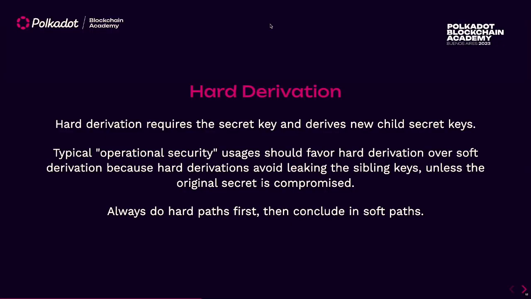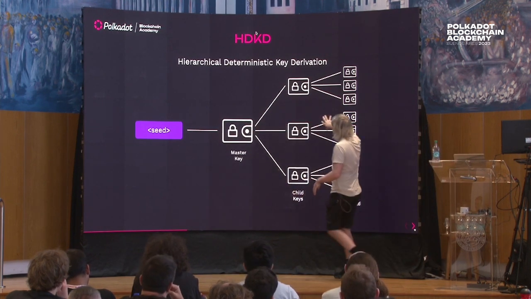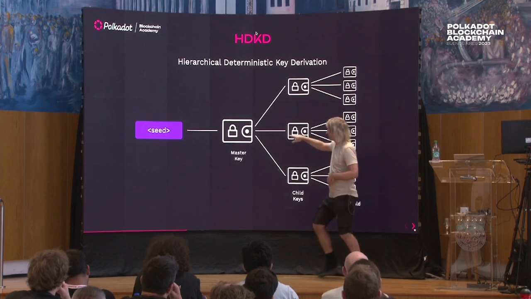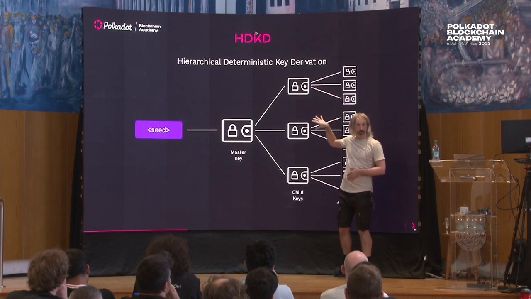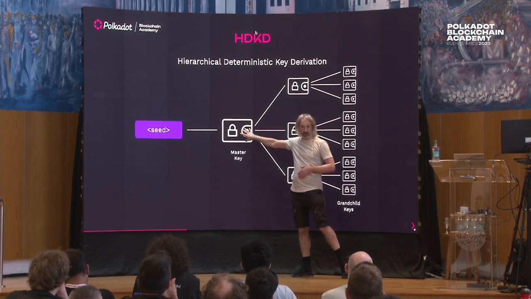I mean, obviously, if you lose a key up here, then it's going to compromise all the keys downstream, yeah? Because that's the whole point. You can take this key, and you can derive all of these from it. So losing this key would be very, very bad. Losing the secret for this key would be very, very bad.